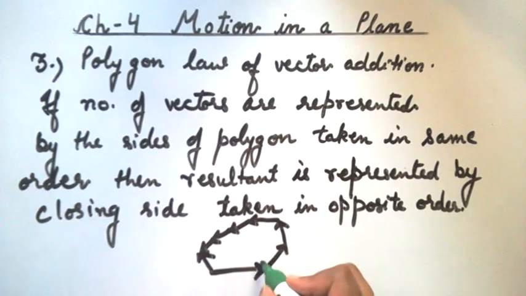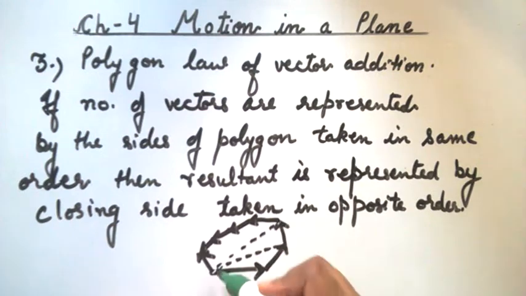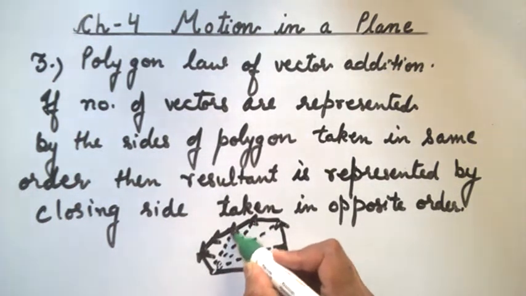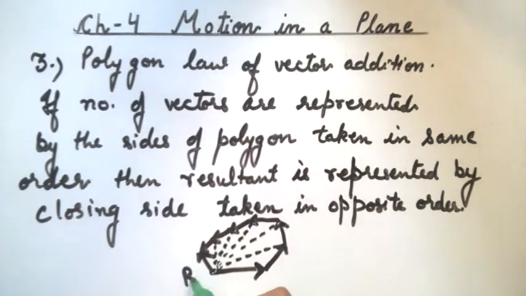So we can write, this is the resultant of 2 vectors, this is the resultant of 3 vectors, this is the resultant of 4 vectors, 5, 6, and this is the resultant of 7 vectors.